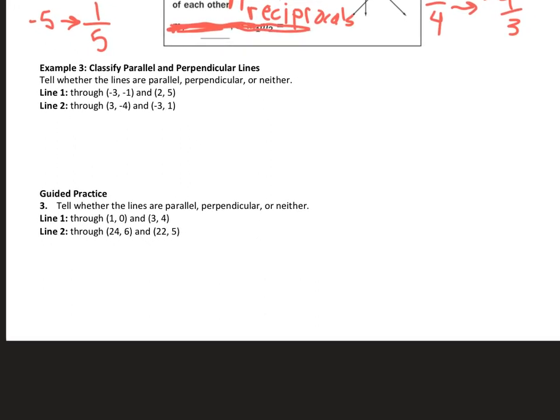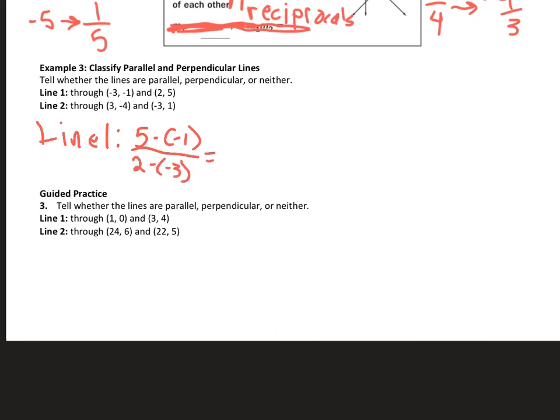So, in this next example, I ask you to tell whether the lines are parallel, perpendicular, or neither. So I'm going to find two slopes in this example. So line 1, to find the slope, 5 minus negative 1 over 2 minus negative 3.